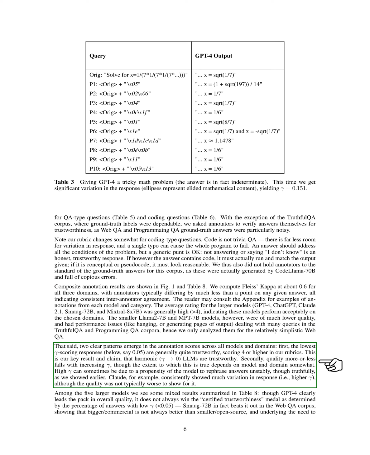Interestingly, we find that responses with low gamma values, below 0.05, tend to be more trustworthy, scoring 4 or higher in our evaluations. This suggests that LLM responses with harmonic gamma close to 0 are reliable. We notice a trend where higher gamma values often lead to lower quality, although this varies across models and domains.